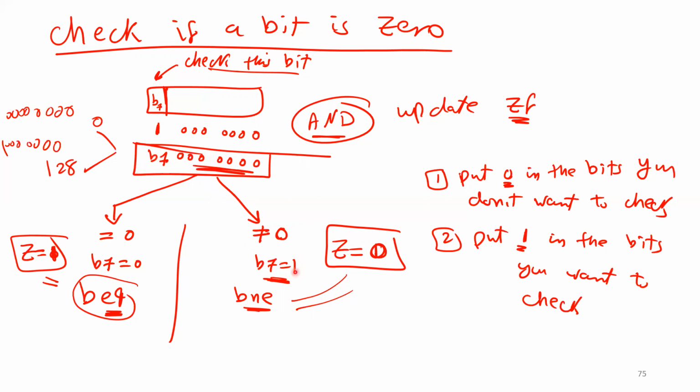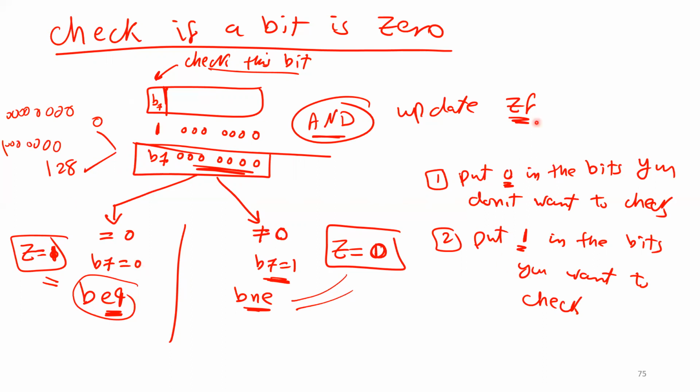Otherwise, if there is a 1 here, the result is not 0. And because the AND operation changes the 0 flag, you don't need to use compare. So after AND, you can use branch if not equal. Again, not equal means bit number 7 is equal to 1. Branch if equal means the bit I was checking is equal to 0.